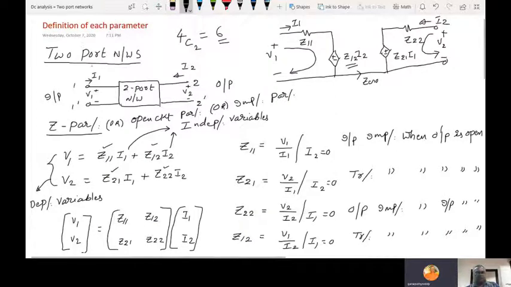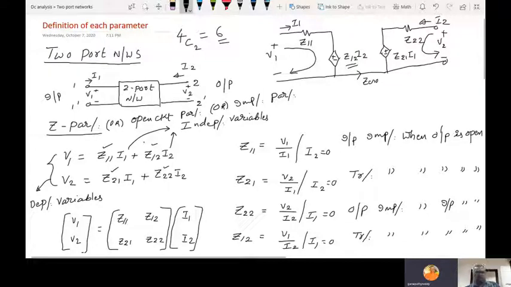What is the use of this two-port network? We are understanding the relationship among all the 4 variables: how V1, V2 are connected to I1, I2, and how I1, I2 are related with V1, V2, and so on.